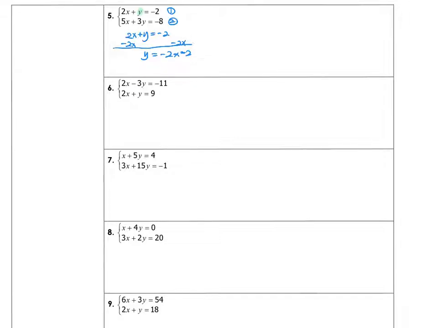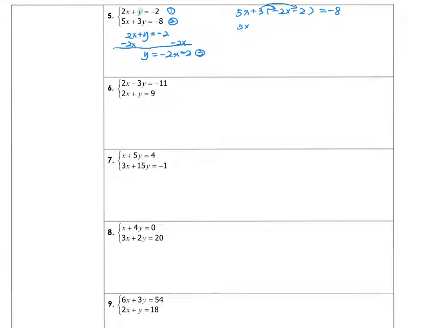And now if I call this 3, I just rewrote 1 into 3. Now I can take my second equation, 5x plus 3y equals negative 8. And I just plug in y equals negative 2x minus 2. From that point on, it's distributive property.